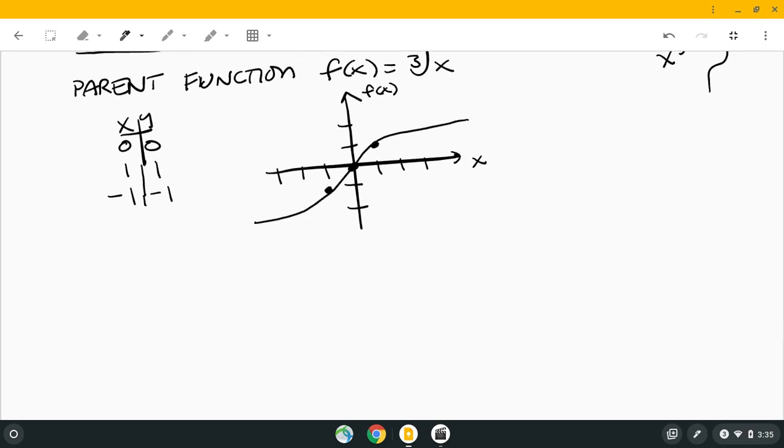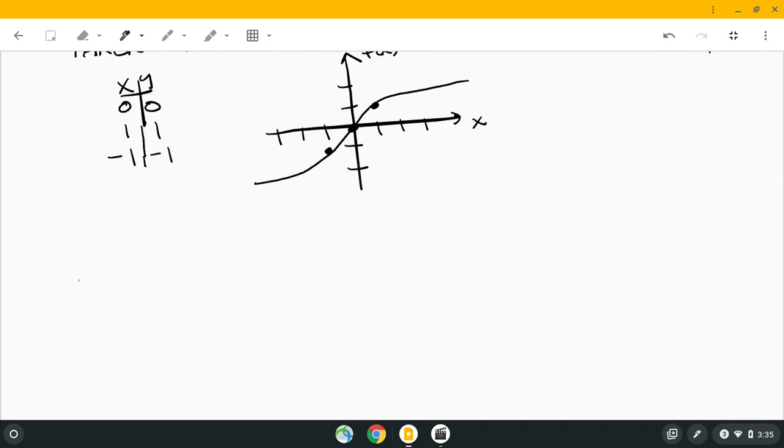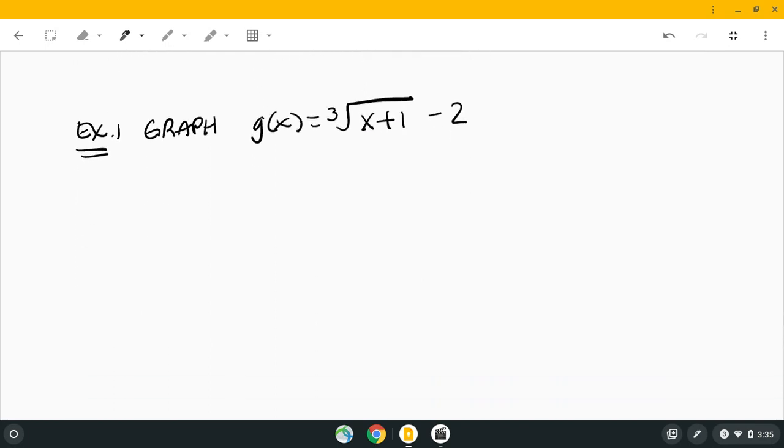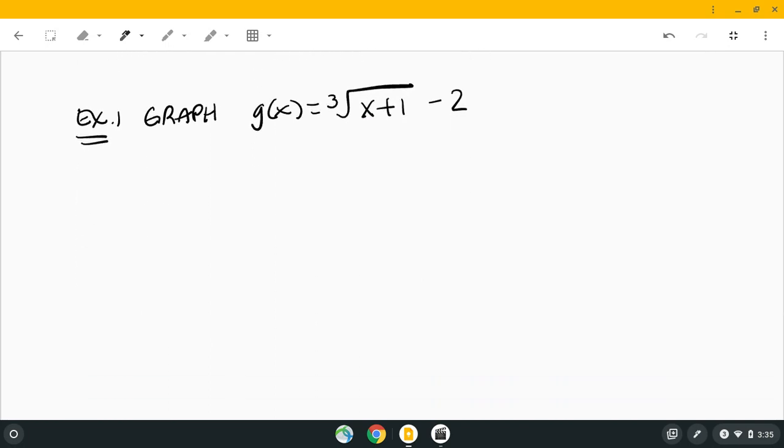Okay, all right, so now let's go ahead and take a look at this one. Let's graph with some shifting. Let's do g of x, which equals the cube root of x plus 1, minus 2. All right, so we know that this one here, we'll shift it 1 unit to the left.